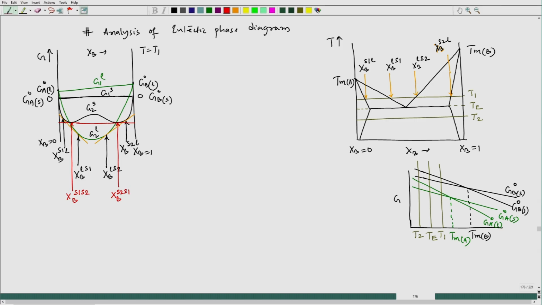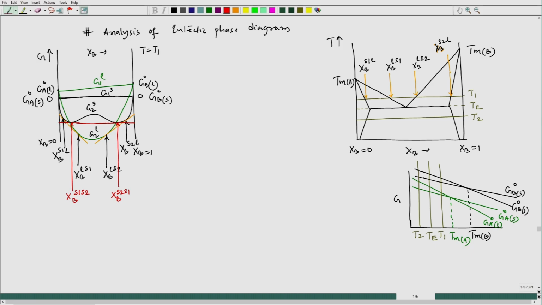Now, we can actually mark those two compositions. XB S1 S2 is coming to the right of XB S1L, and XB S2 S1 is coming on the left of XB S2L.